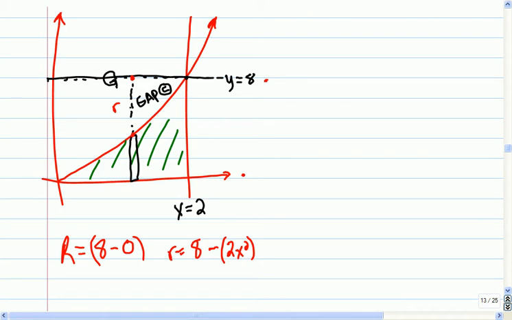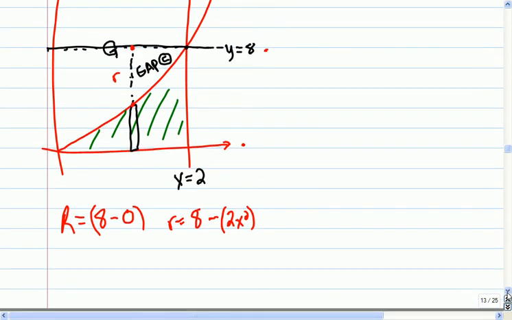So now, the way the washer method works, it's going to be pi. We're still integrating from 0 to 2. So 0 to 2 of, let's see here, the big radius squared, so it'll be 64 when I square this, and the little radius squared.